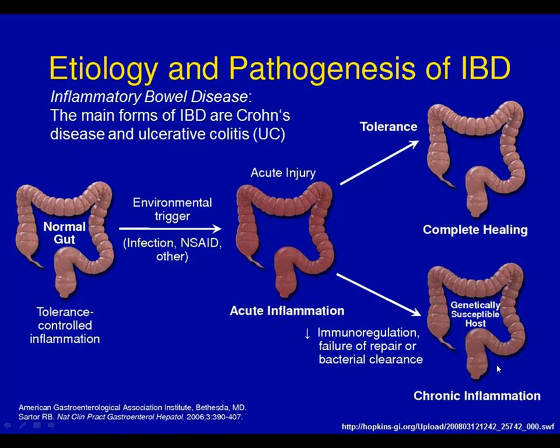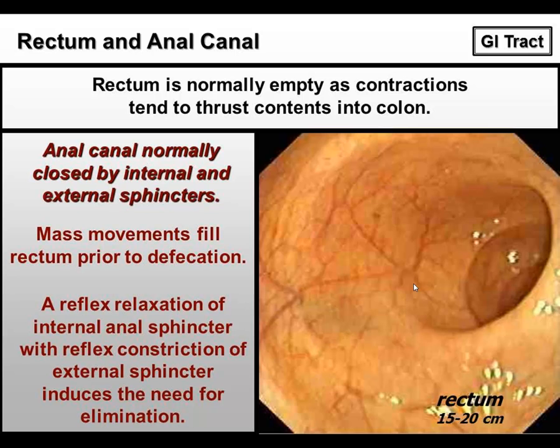And in some cases, especially if you don't have good immunoregulation or failure to repair, or you have some consistent bacteria there causing this, and if you have genetic susceptibility, then you will run into chronic inflammation, and that causes diarrhea and ulceration of the large intestine. I don't believe that this is something that we would be asked about, because this is not a pathophysiology course, of course. Anyhow, finally we get into the rectum.